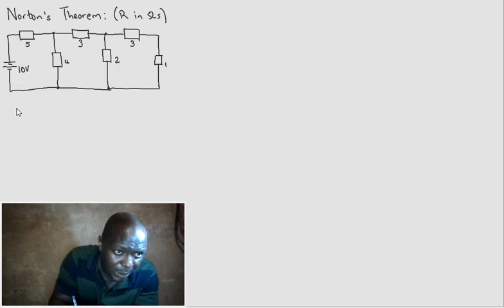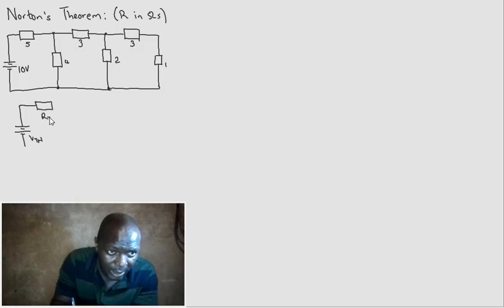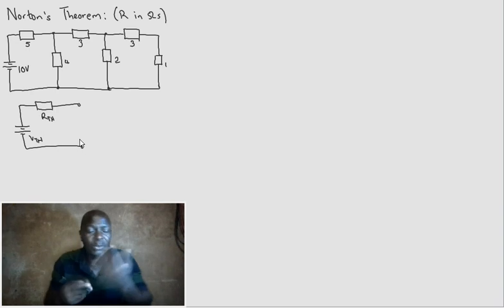With Thevenin, we said what voltage exists at the point of connection, and we call it V Thevenin. And you said what resistance looks into that point, and you call that R Thevenin. They look at the point where our loads are going to be connected, where our loads are going to change.